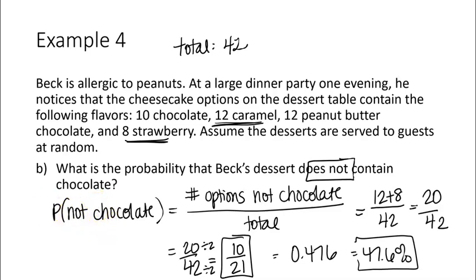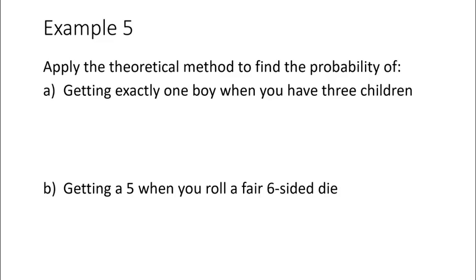All right, let's try a few more. Example 4 was a little nicer to us because it went ahead and just listed out the options. Sometimes we will have to list out or find the options, our outcomes, for ourselves. So example 5 wants us to use that theoretical method to find the probability of getting exactly one boy when you have 3 children.